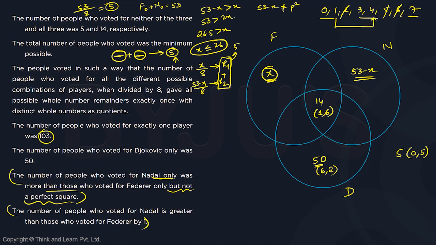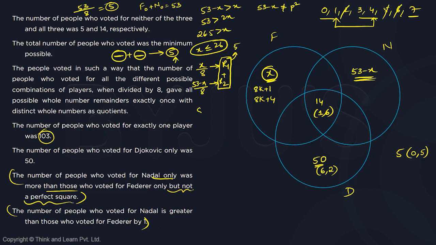Only these. Remainder 1 and remainder 4. No other remainders are left out to add and give you a total of 5. Which means your x can be in the form of 8k plus 1, or it can be in the form of 8k plus 4. There are two possibilities, and accordingly this 53 minus x will be adjusted.